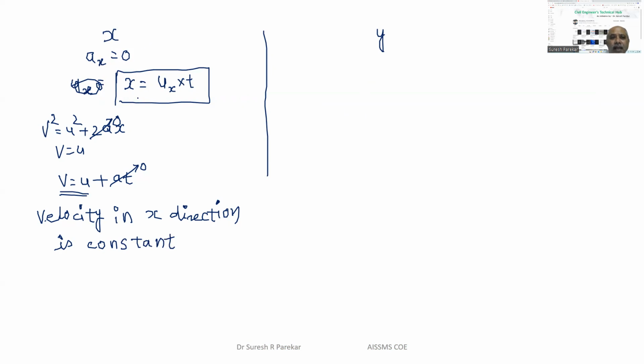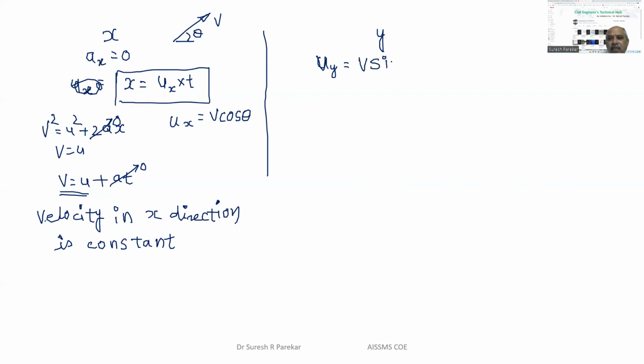Now what is ux? If we have velocity at an angle theta, then we can have ux equal to v cos theta. Now in y, we have uy equal to v sin theta, considering v as initial velocity.